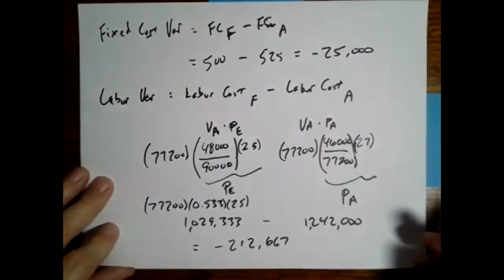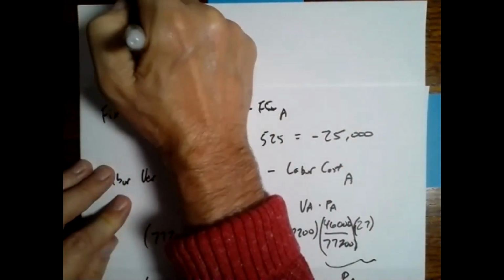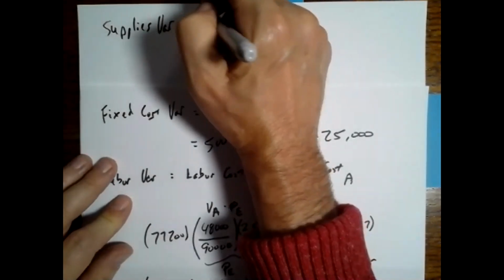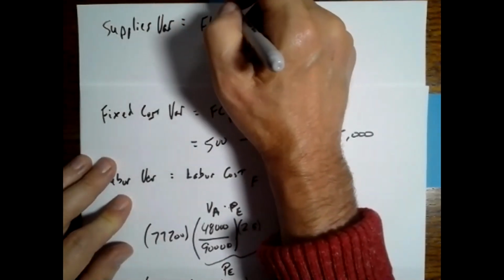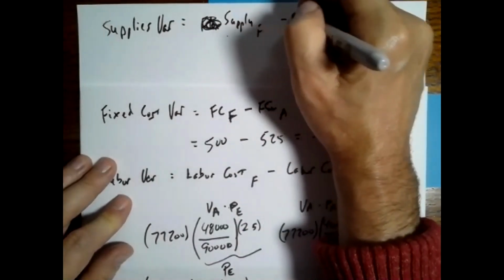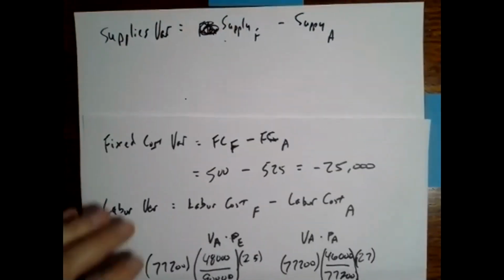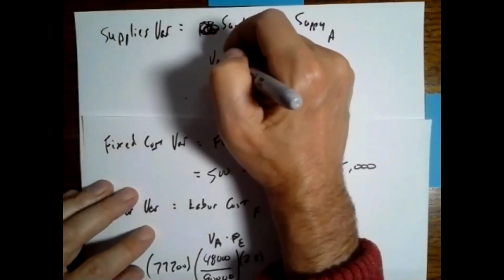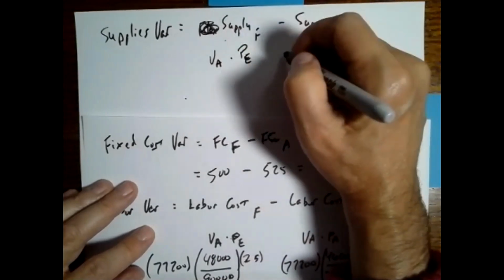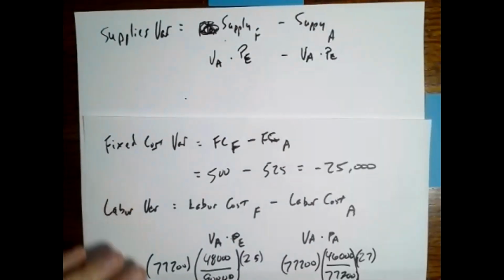And then our last piece is going to be the supplies variance, which is a lot like the labor variance. Supplies variance is going to be supply flex minus supply actual. Again, it's going to have actual volume times expected price minus actual volume times actual price.